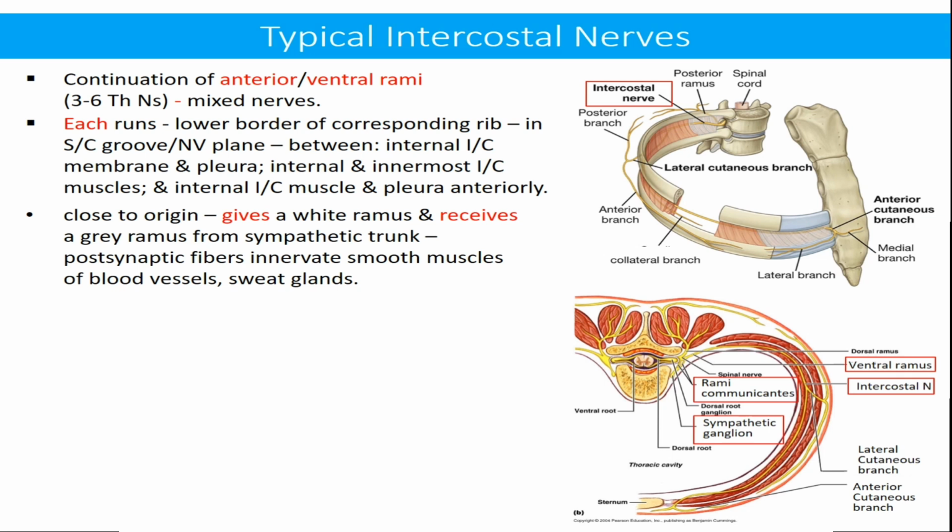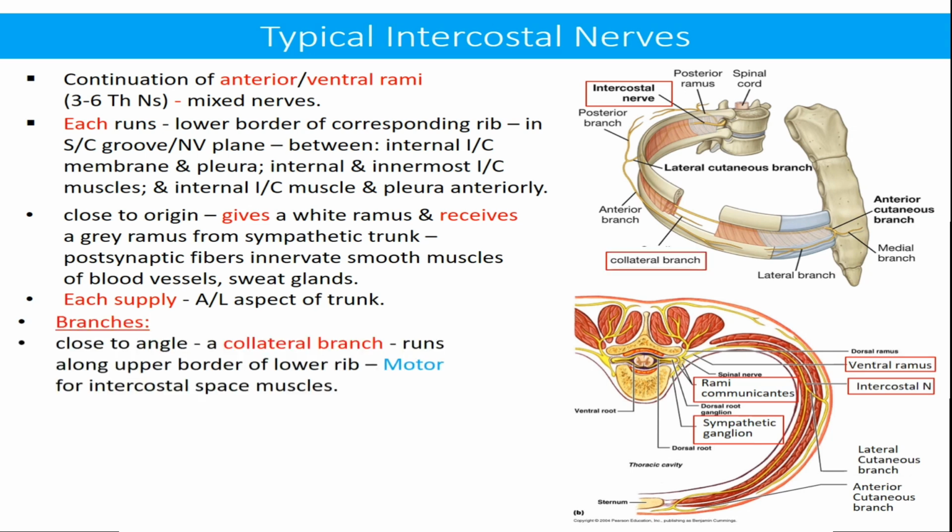Close to the origin, each intercostal nerve gives a white ramus and receives a gray ramus from the sympathetic trunk. Postsynaptic sympathetic fibers innervate smooth muscles of blood vessels and sweat glands. Each intercostal nerve supplies anterolateral aspect of the trunk.